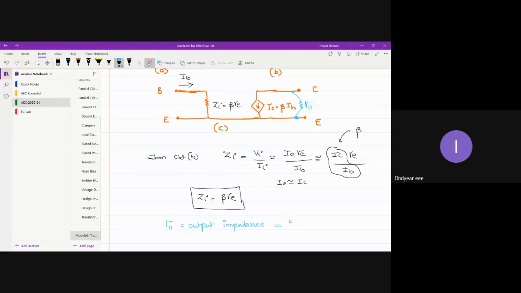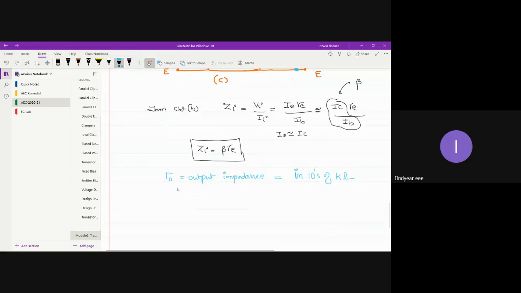For a common emitter configuration, this output impedance will be in tens of kilo ohms, and the input impedance will be in a few kilo ohms. So that's the normal range of input and output impedance for a common emitter configuration.